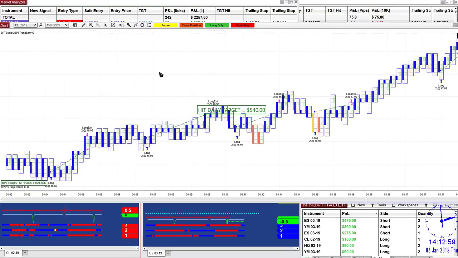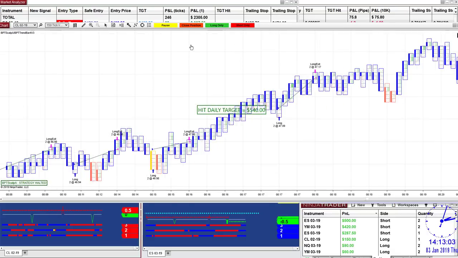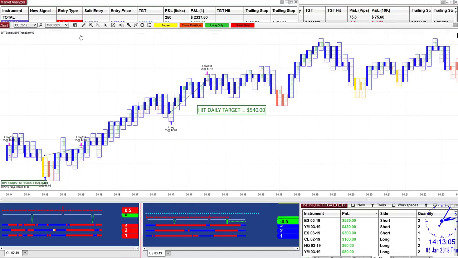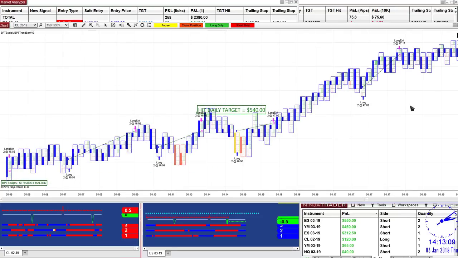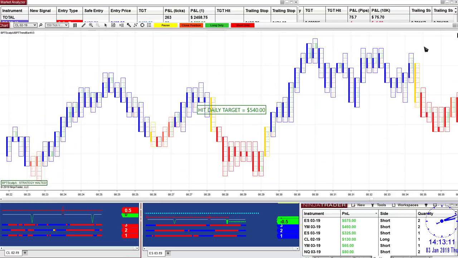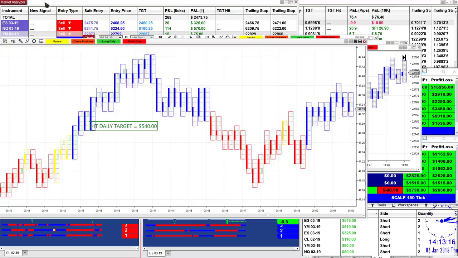It's an extremely powerful chart, whether you are using ES or CL, not even one losing trade, and it is done. I find it very powerful.